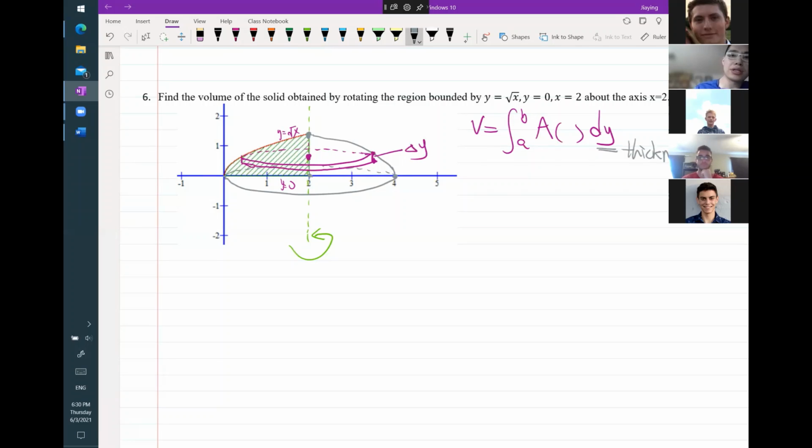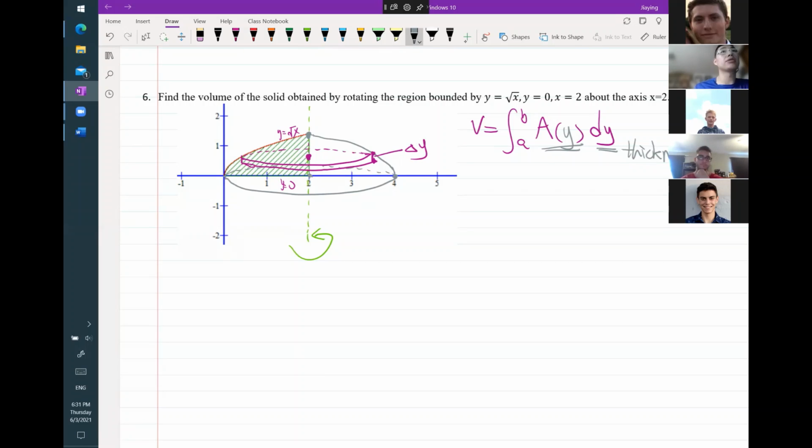Since the thickness here is in the y direction, we're going to have a dy there. That means the area function we're going to use has to be a function of y so that we can integrate with respect to y.